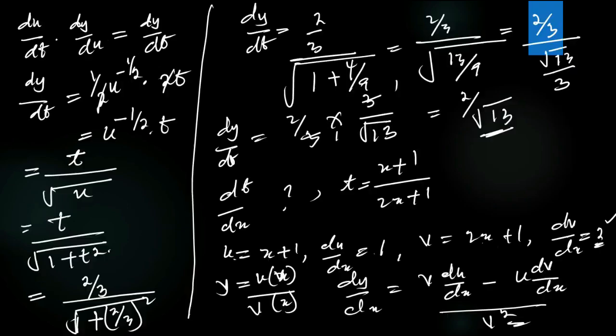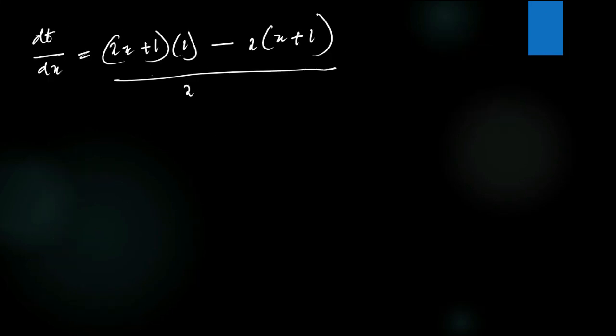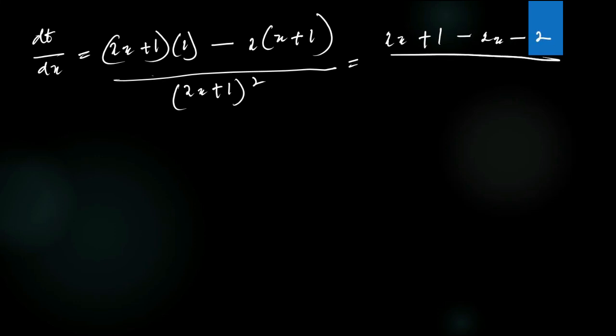Remember that my v is 2x plus 1, so that's 2x plus 1, all squared. If we expand this, it is the same thing as 2x plus 1 minus 2x minus 2, since I have minus 2 multiplying 1, then over 2x plus 1, all squared.